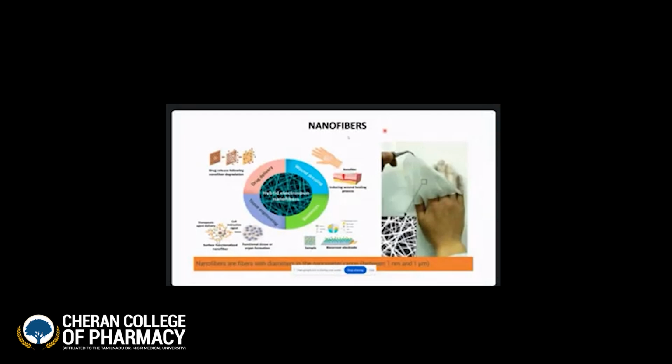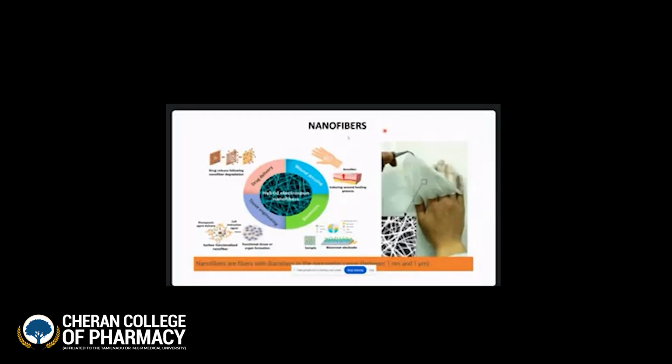Next, polymer concentration. If your polymer concentration is high, can it come out of the needle? It cannot, right? If the viscosity is very low, it looks like a liquid, so it cannot make a fiber. So the viscosity or polymer concentration also plays a very important role in making a nanofiber.